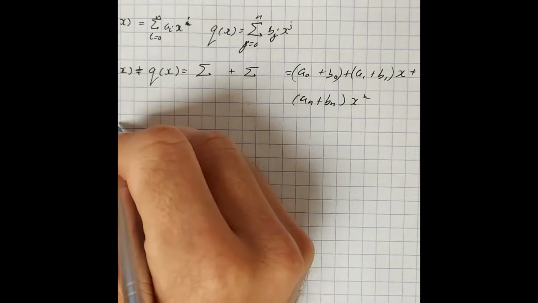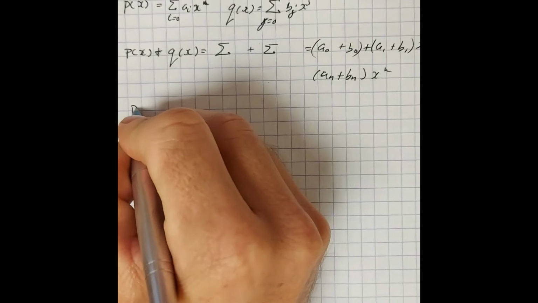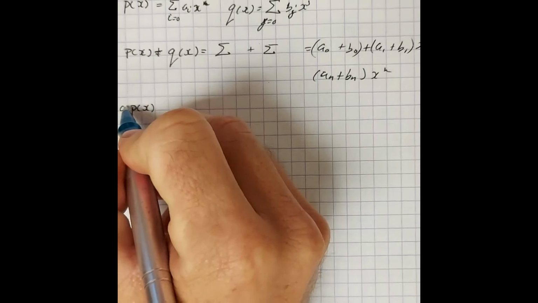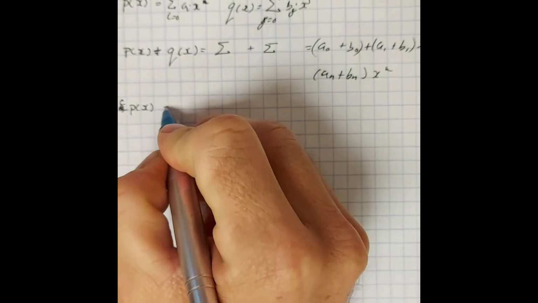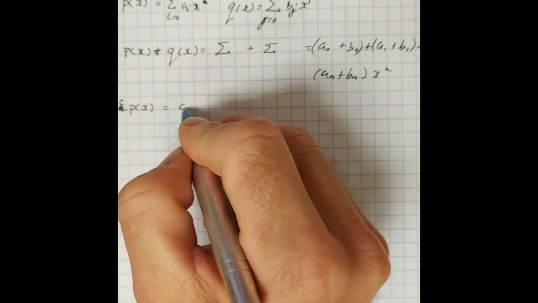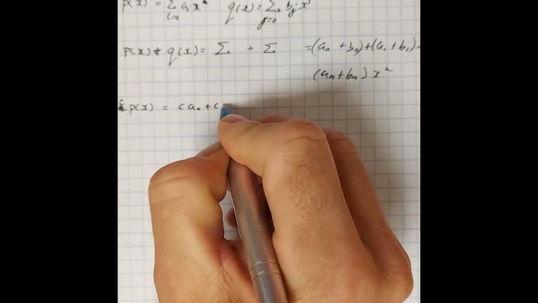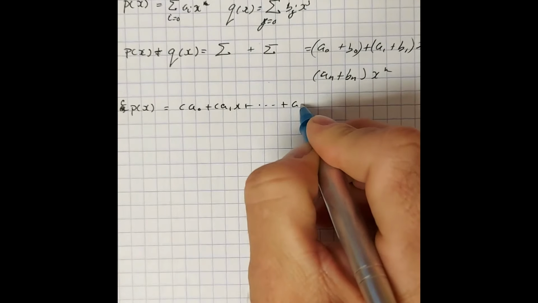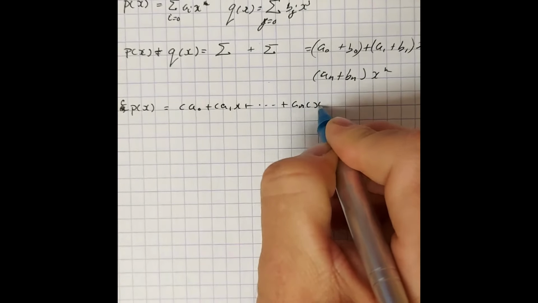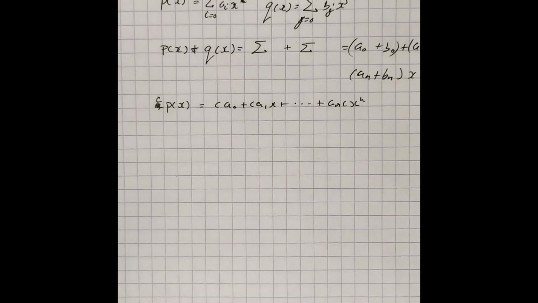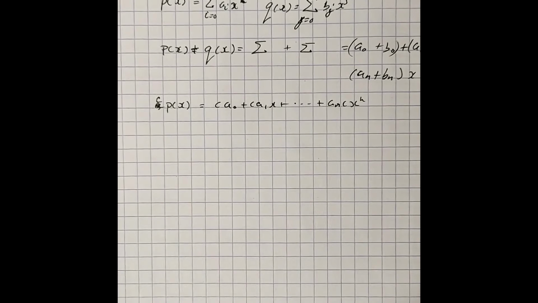Similarly, if we multiply p of x by some constant c, this is c times a0 plus c times a1 x plus dot dot dot plus c times an x to the n. It's still a polynomial of degree n, so it's closed under scalar multiplication.